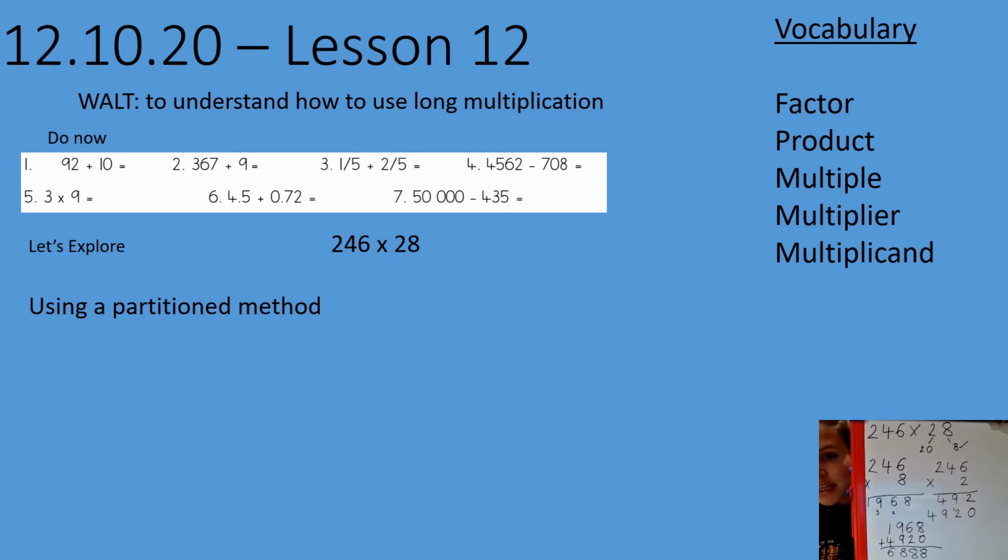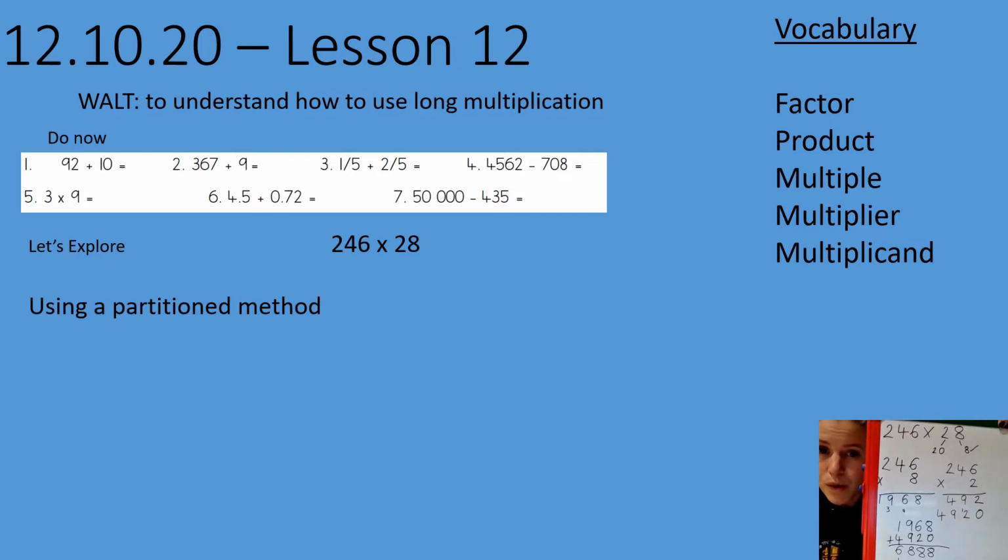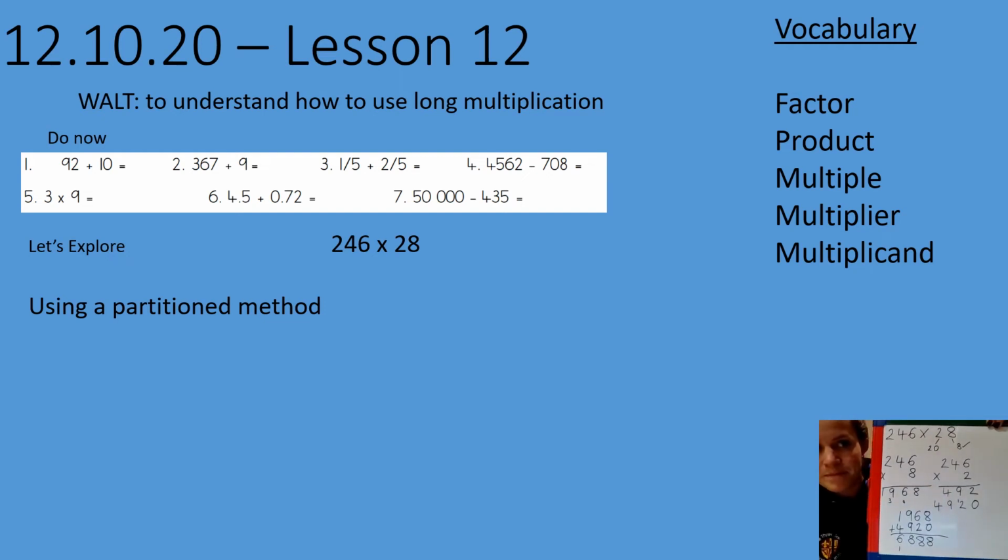If you're currently using this method at the moment and you feel okay with it, then have a go at using this and then challenge yourself to try and use long multiplication as well alongside, because then you've got this method to feel confident with and the long multiplication just to have a go at. Because remember, that's the method we all want to be using eventually. Okay?